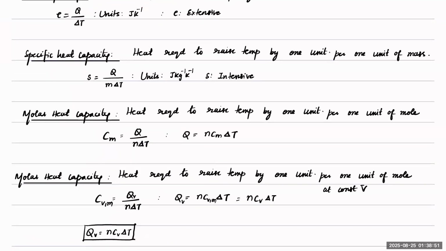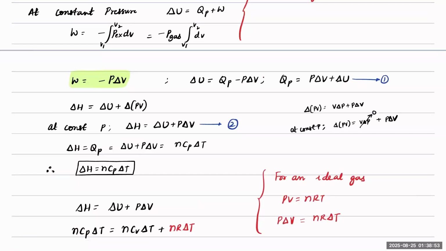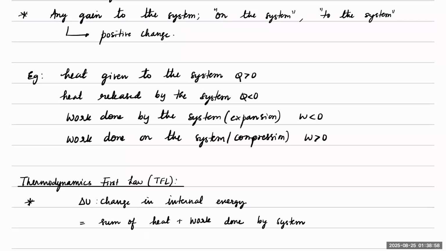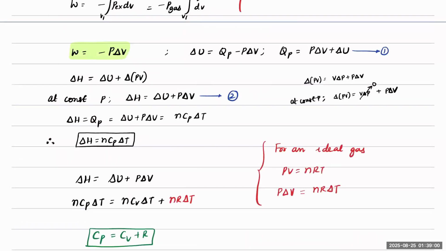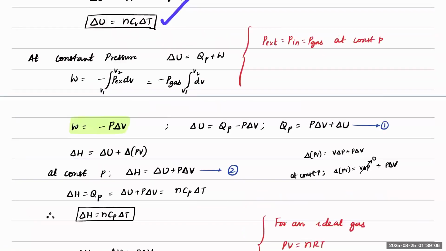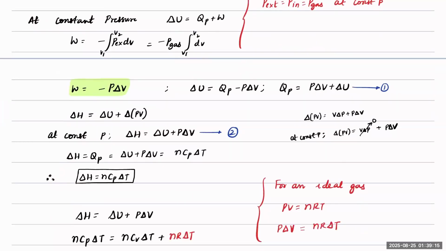And now if you go back to the original notes, what we discussed about the first law of thermodynamics, how we got delta U is equal to n CV delta T, and we discussed what delta H is also, enthalpy, which is delta n into Cp into delta T. This I'll repeat once again.